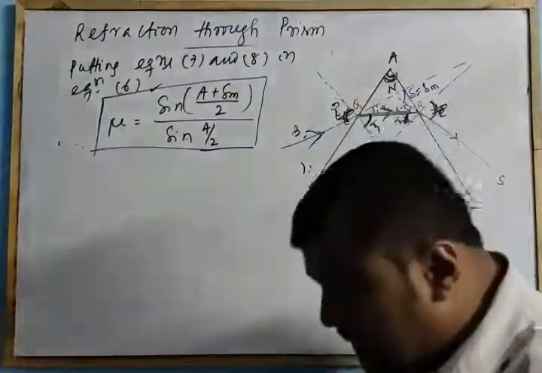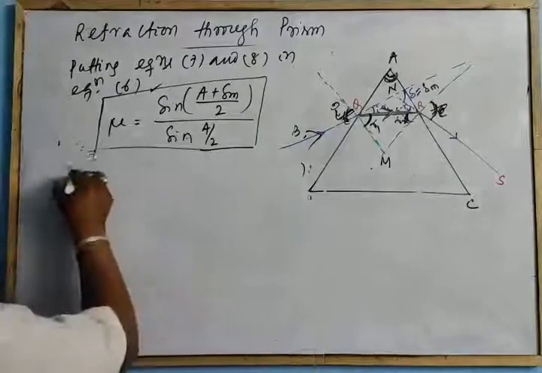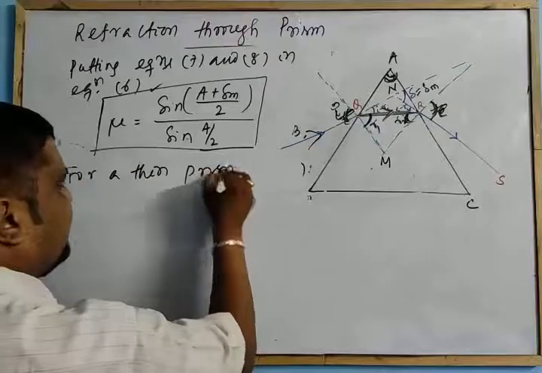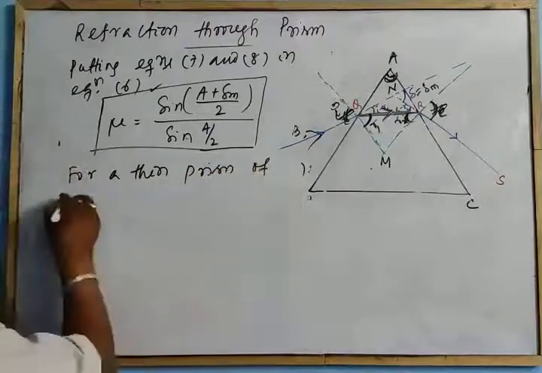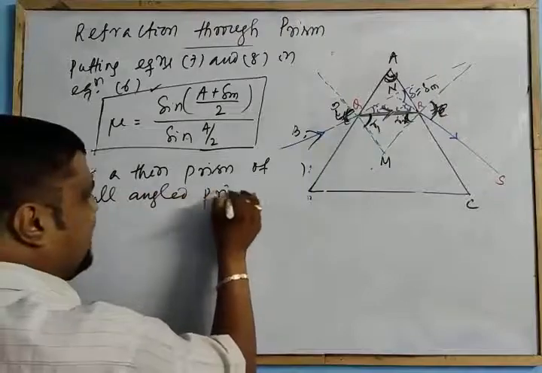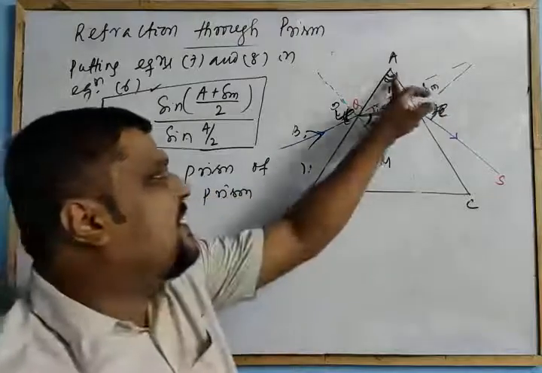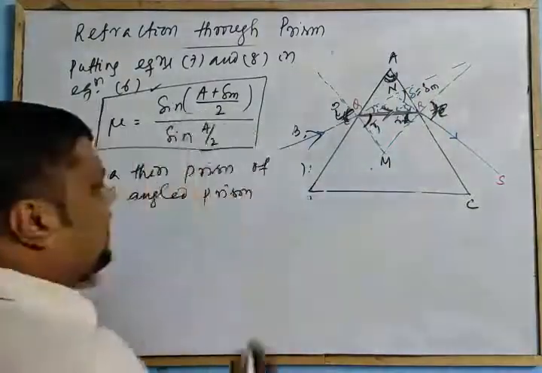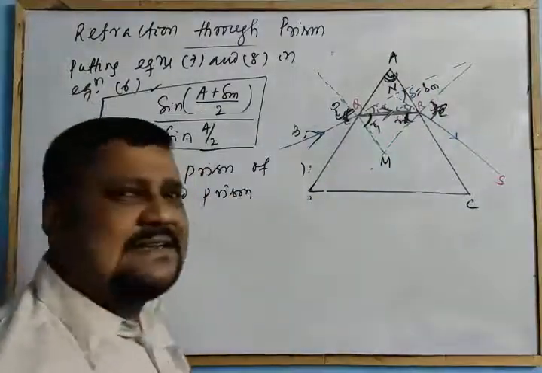Clear? Now, for a thin prism, or small angle prism. What does small angle prism mean? This angle of prism A is very small, that is a thin prism, like of the order of 6 degrees.